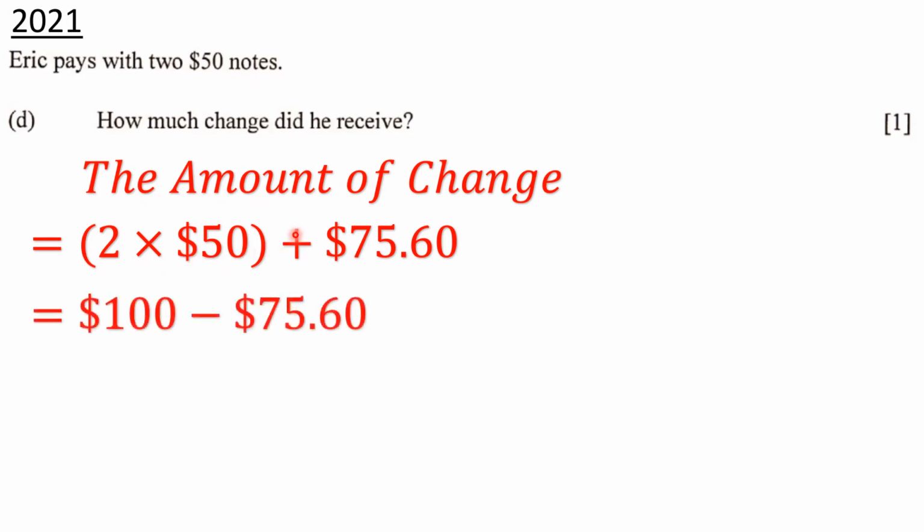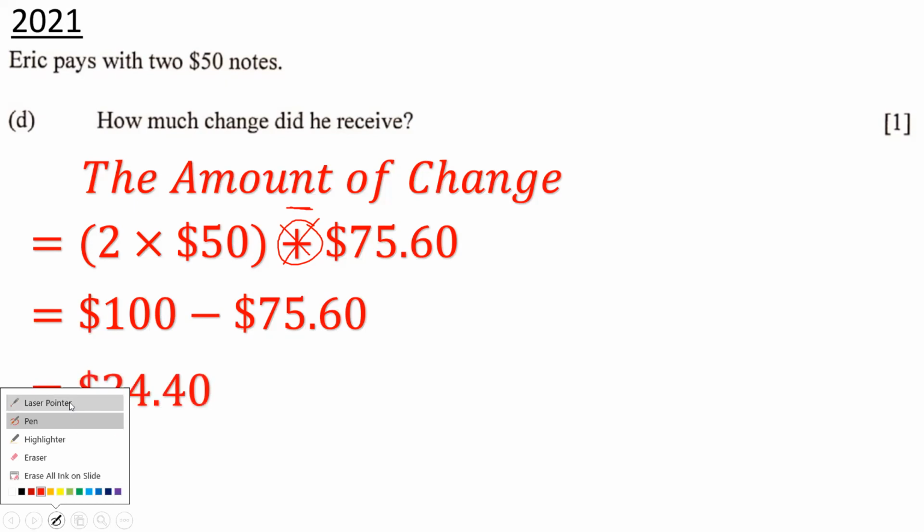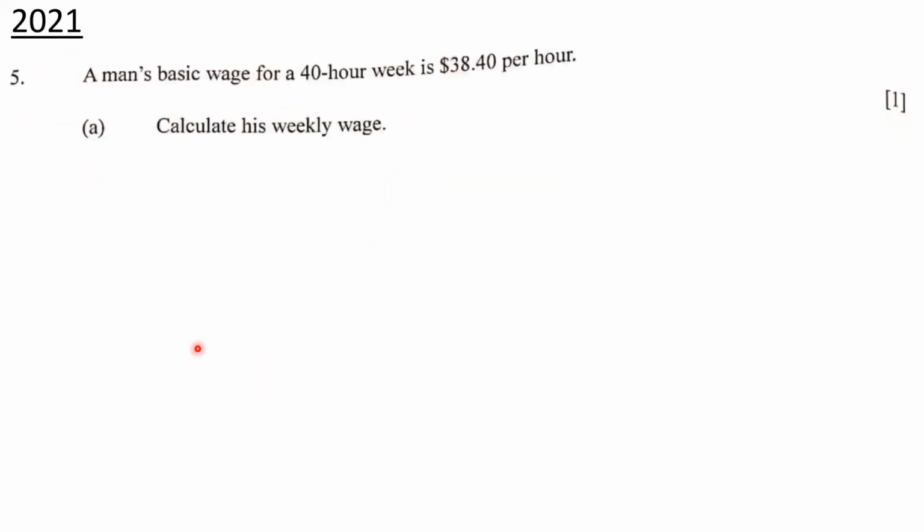I am supposed to subtract it, right? There's supposed to be a subtraction sign here. So the amount of the change is going to be 100 minus $75.60, and that's going to be $24.40.